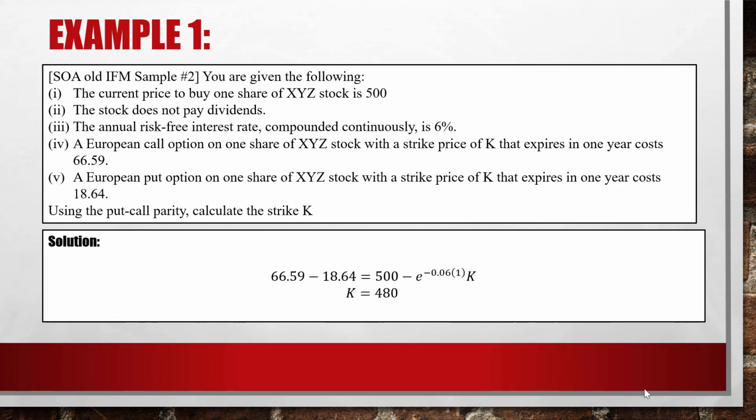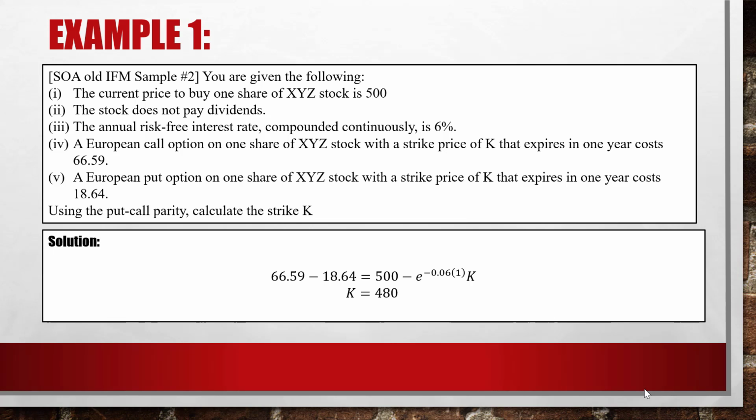So here, first, we've got a call option and a put option. The call option is 66.59 and the put option is 18.64. Using the put-call parity, the left-hand side should be the difference between the call option and the put option at time 0. So we have 66.59 minus 18.64.